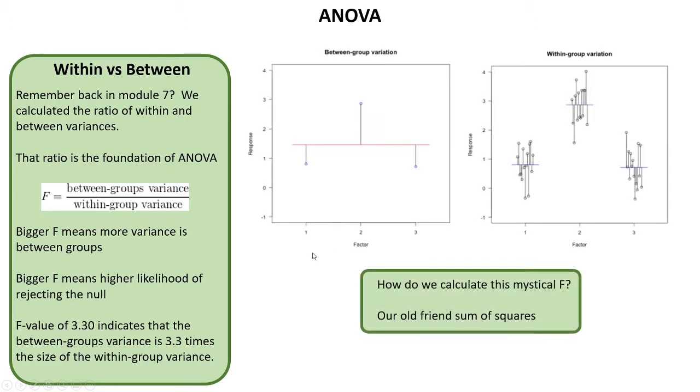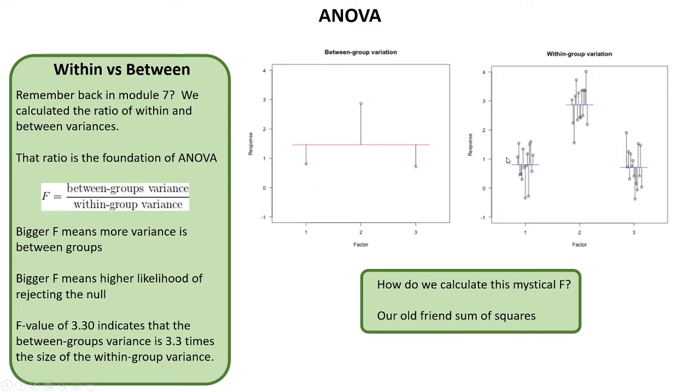Okay, so how do we calculate this mystical F value? Well, we move back to our old friend, the sum of squares. I like this illustration of between group variation.